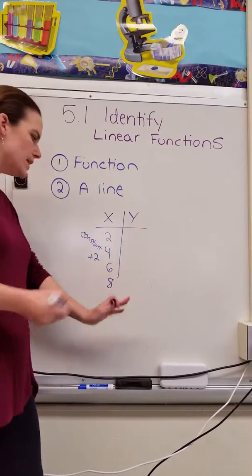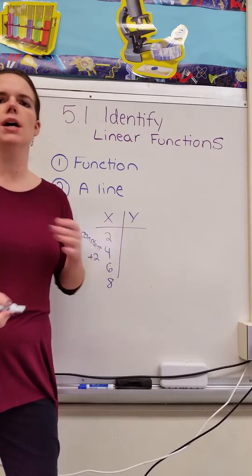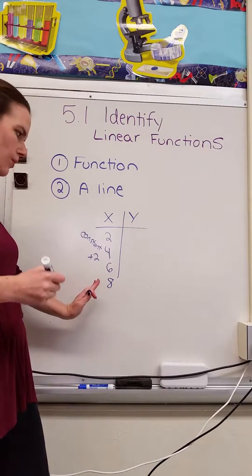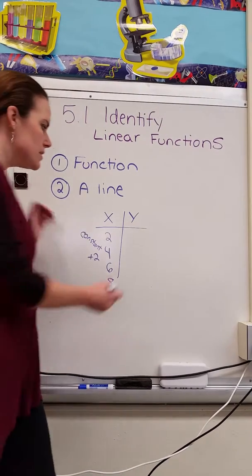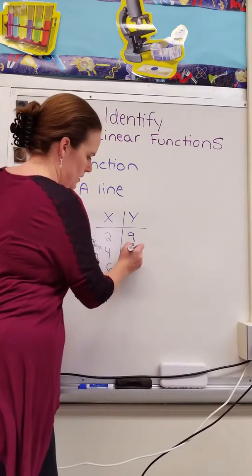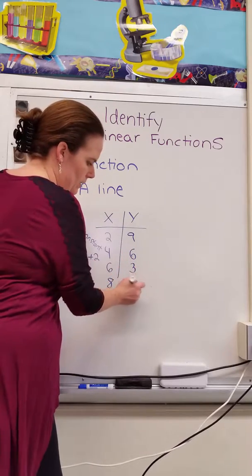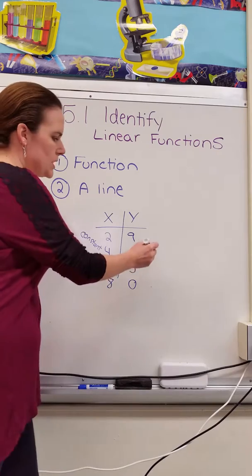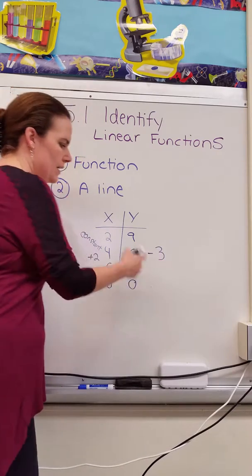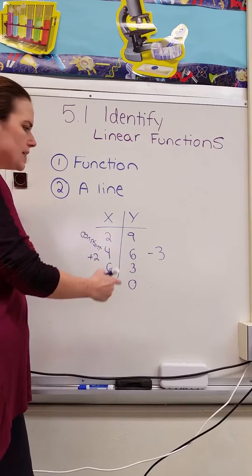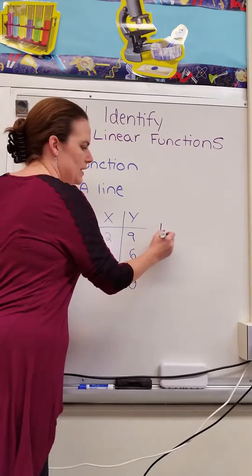And if your Y column also has some constant rate of change, it doesn't have to also be +2. In fact, this table could be 9, 6, 3, 0. But since you see that there's this steady -3 happening, that means that this is going to be a linear function.